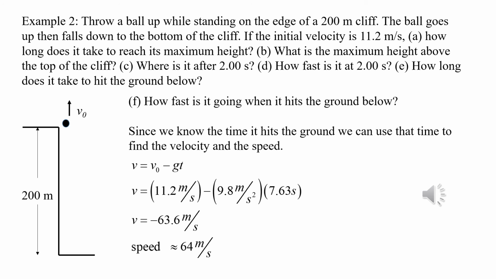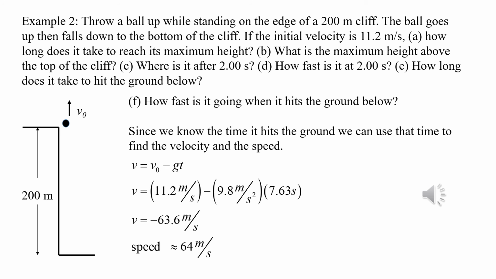Now finally, the last part, how fast is it going when it hits the ground below? Well, since we know the time it takes to hit the ground below, we can use that time in the velocity as a function of time equation and find out how fast it's going. So we have v equals v0 minus gt. V equals 11.2 meters per second minus the g times the t, which is 7.63 seconds.